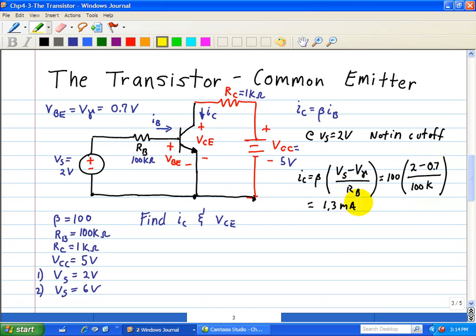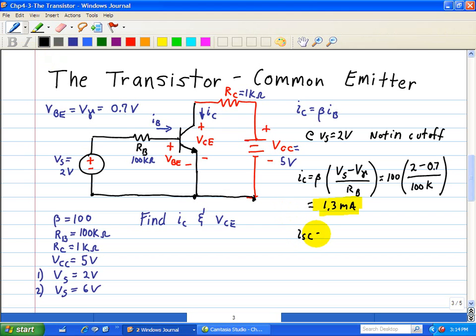when it's not in cutoff mode. So we assume here that it is in the active region. Now note that the available short circuit current is what we supply when VCE is equal to 0.